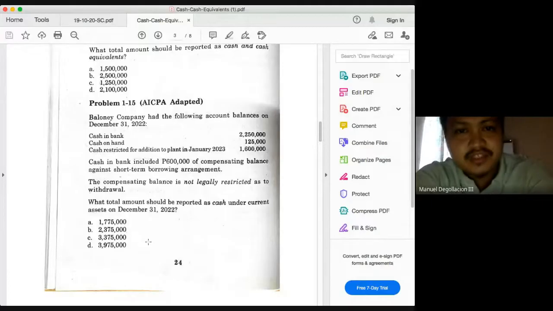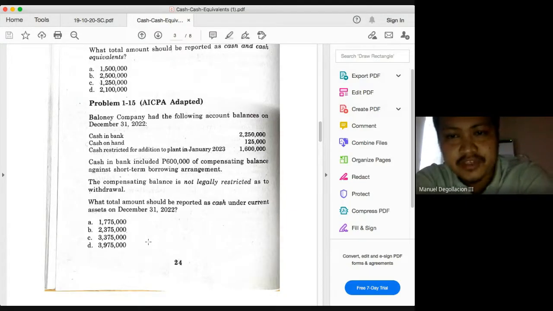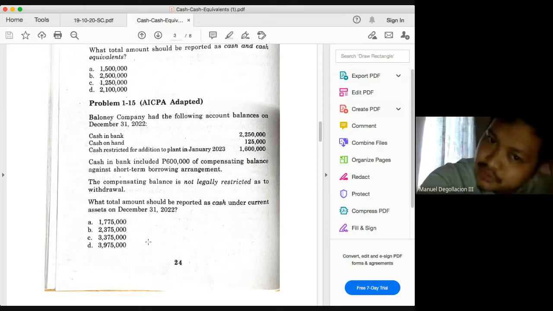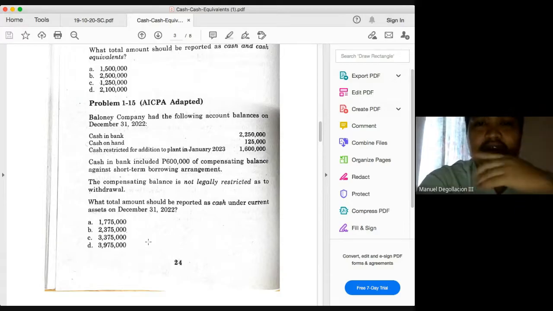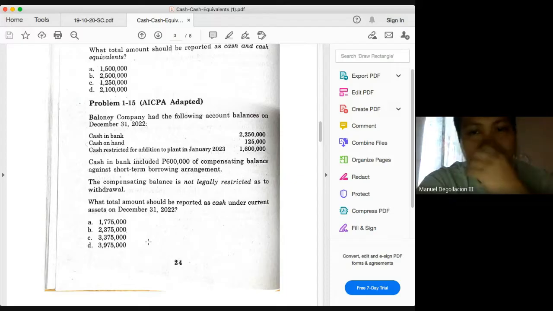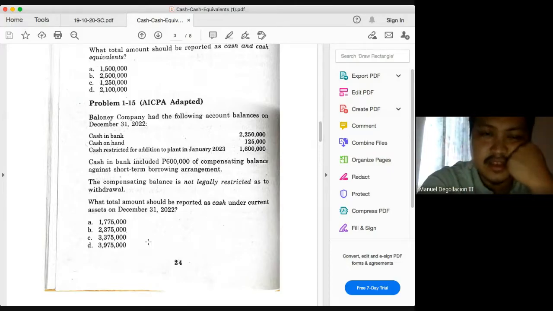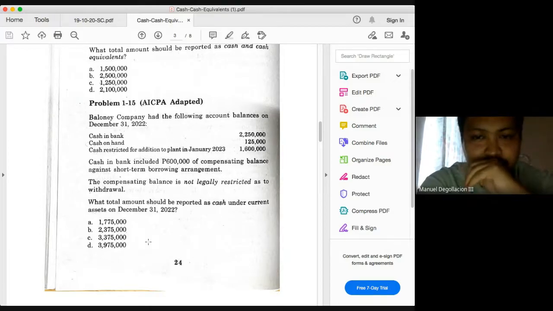The cash set aside for acquisition of a plant asset, a long-term asset, will not be part of our cash and cash equivalents. For some reason, some students would still get this wrong because they would think, oh, the amount is going to be used in January 2023. It's just 1 month away. So that will make this for current use. That's wrong.